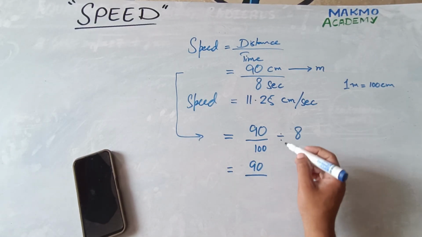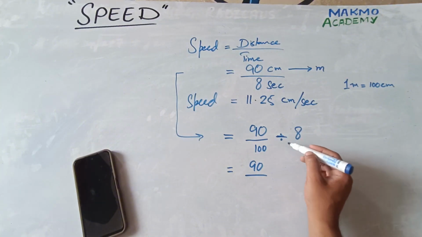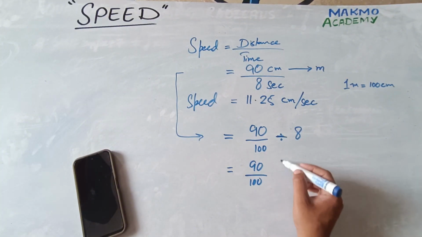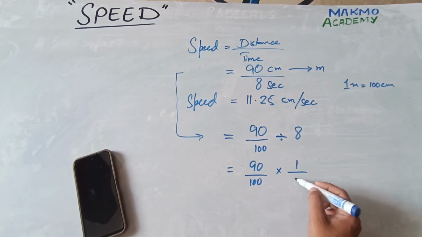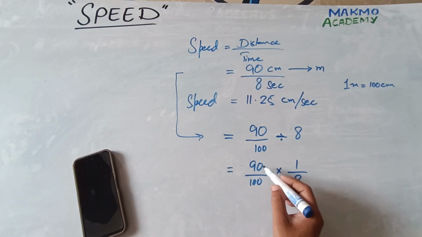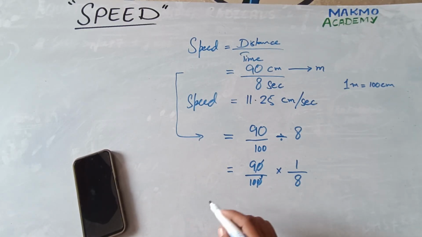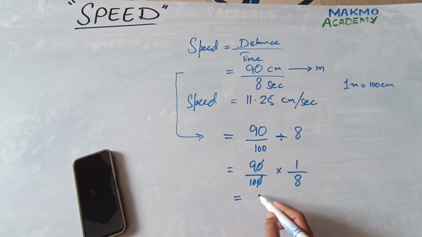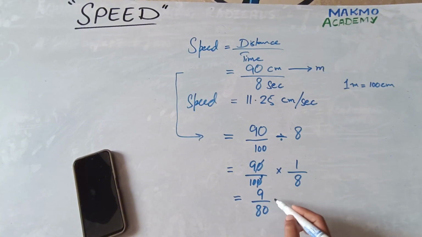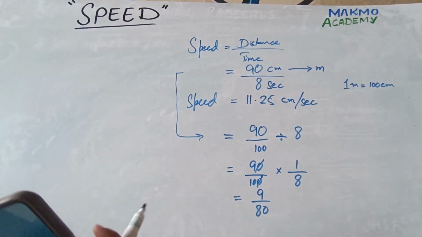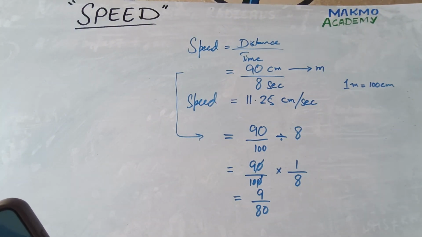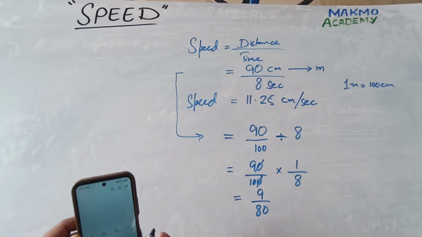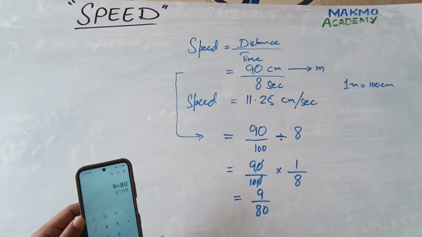Now in the next step we will do the reciprocal by changing the divide sign into multiply sign. So what would it become? It would become this. 10 goes out with 10. So 9 ones are 9 upon 80. Now we can give the answer in fraction as well, and if we want to give the answer in decimal, we will divide it.